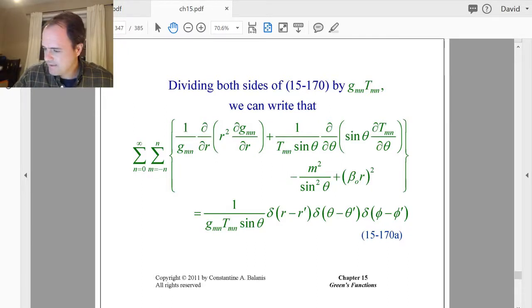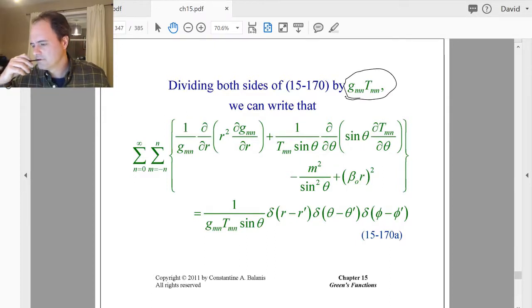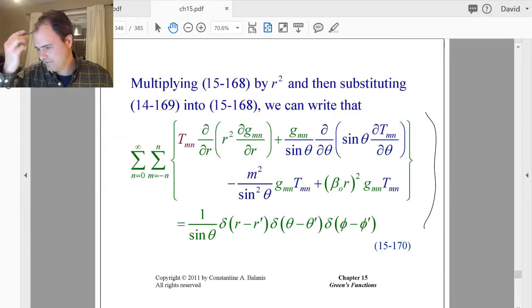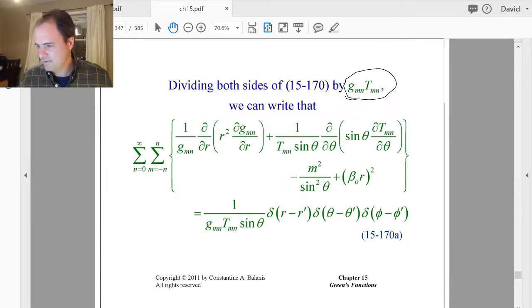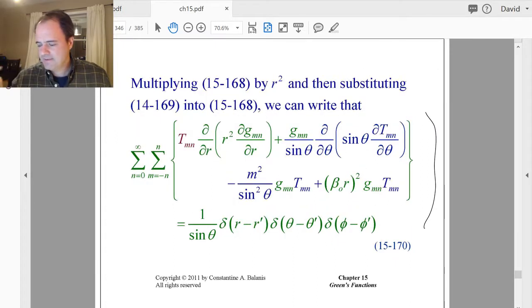They say at this point we're going to divide both sides of this equation by G_MN T_MN, and then take that into the summation.